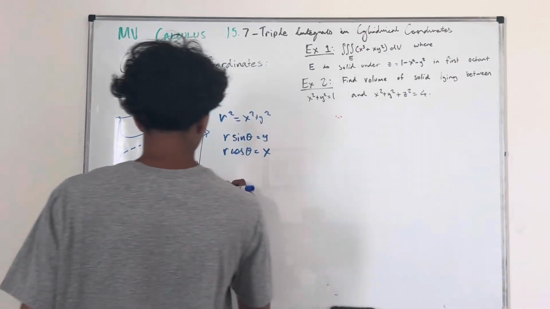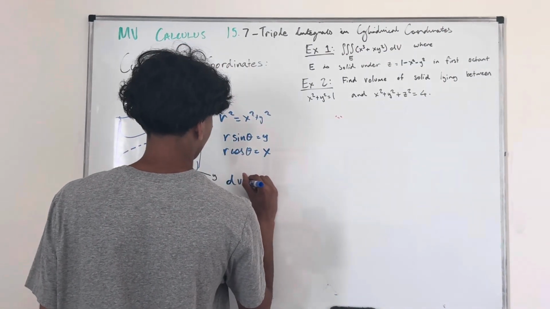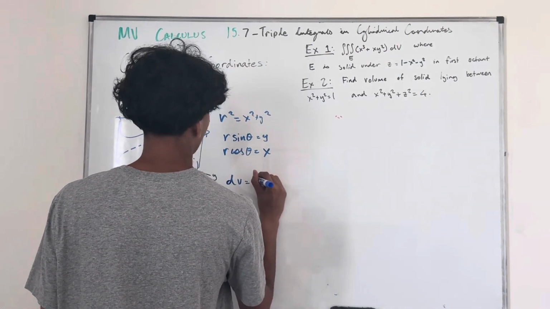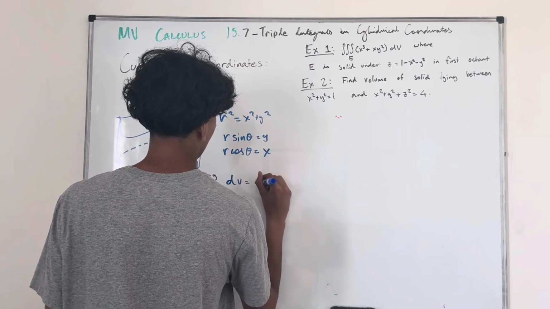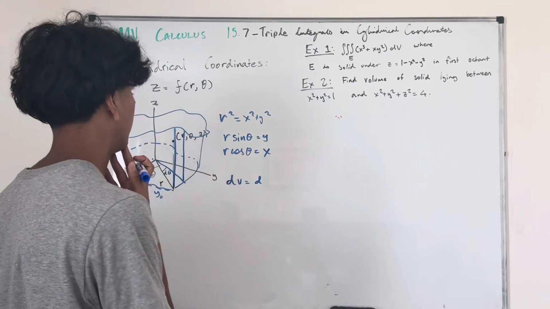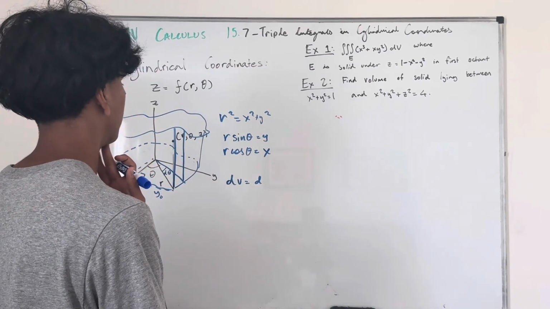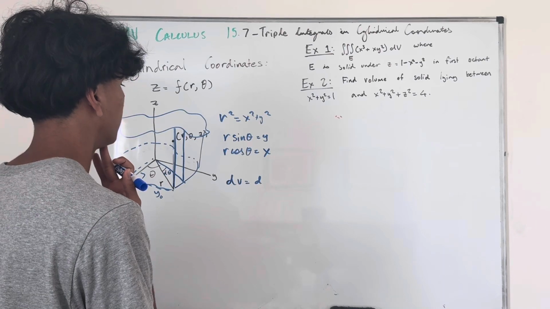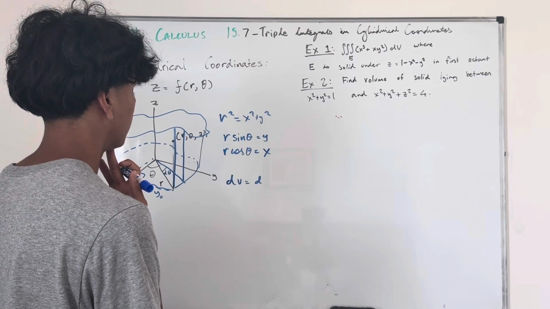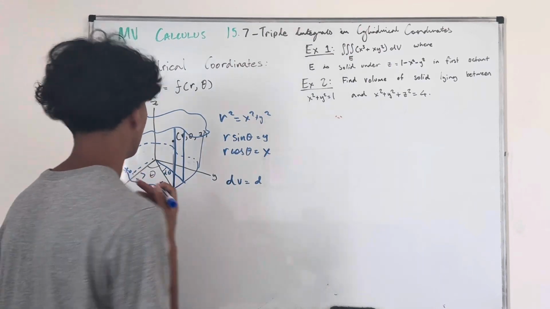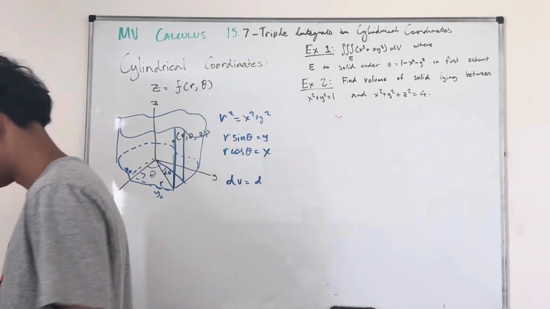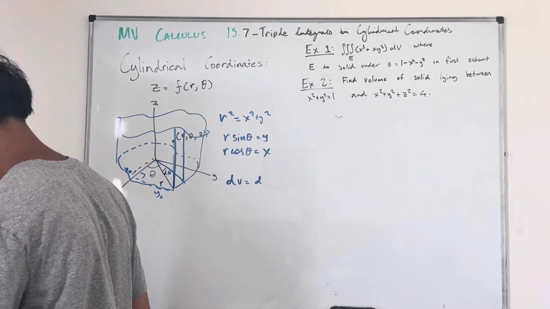So we would get dV is equal to the height, which is really just, I have to think this through. How did I derive this?